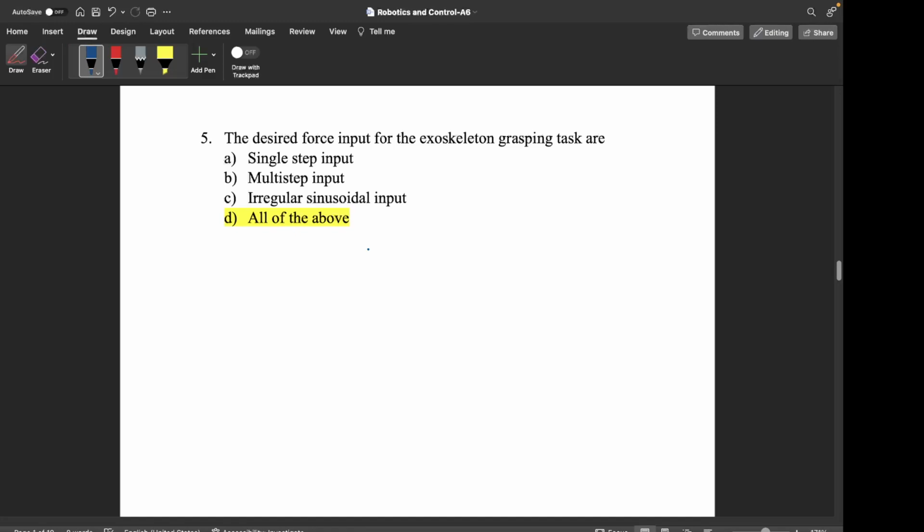If we are creating an exoskeleton, the most common task it would do is to hold things, right?